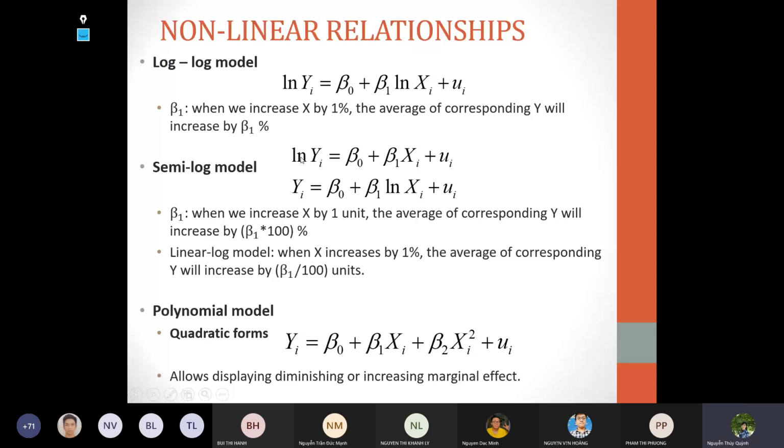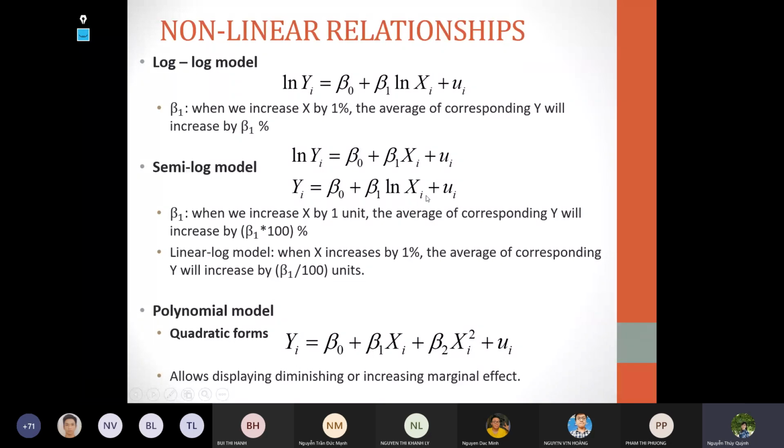And we also have another semi-log model, which is yi equals beta 0 plus beta 1 times the natural log of x plus ui. This one is called the linear log model. These two are semi-log models, but the first is a log linear model and the second is a linear log model.